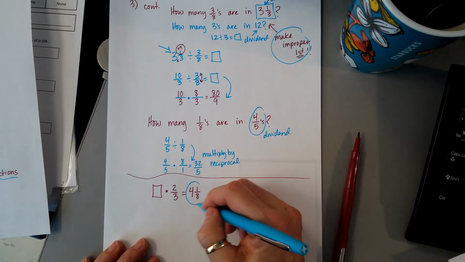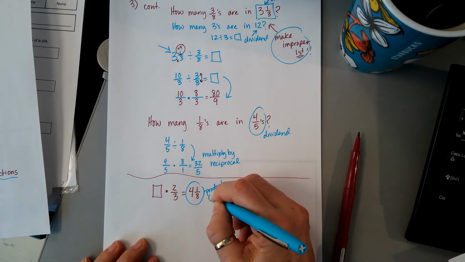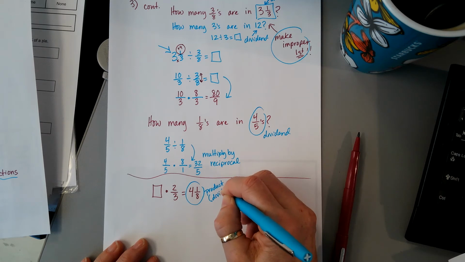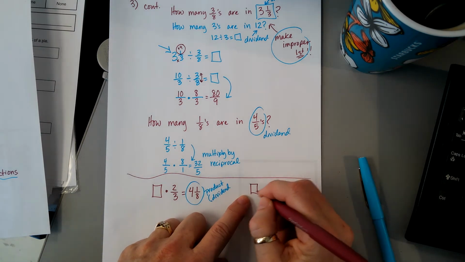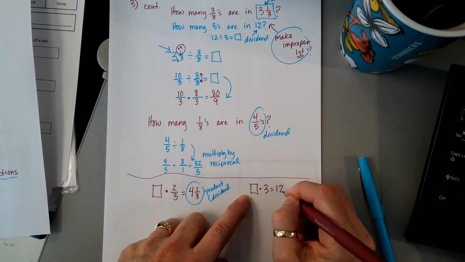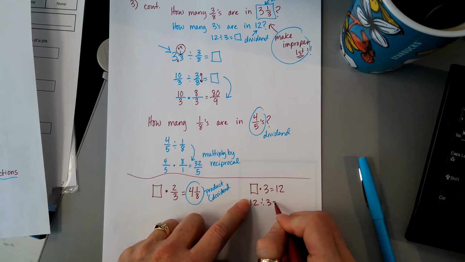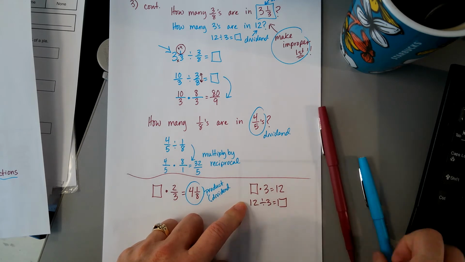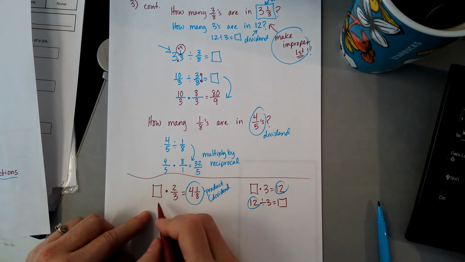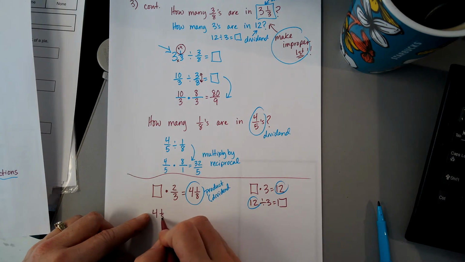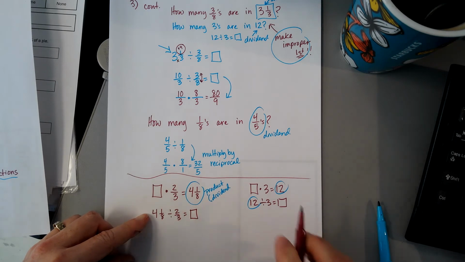Remember, the product is always the same as the dividend if you think about a fact family. So let's do an easy one: blank times 3 equals 12. Written as division, it would be 12 divided by 3 equals blank. Remember that these are the same. So using that information, it's 4 1/8 divided by 2/3 equals empty box.